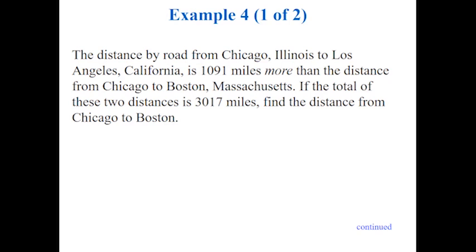So we have to let our variable x represent something. And we want it to represent the answer to our question. The question is find the distance from Chicago to Boston. So we're going to let x equal that distance from Chicago to Boston.